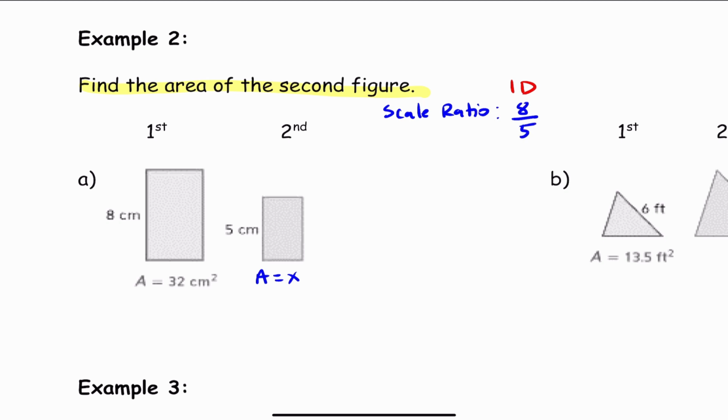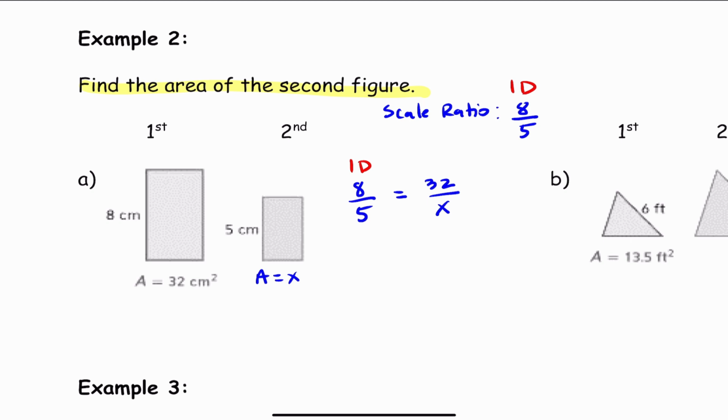And what am I comparing that to? Well, I'm comparing that to my two areas here. So I have 8 over 5 being my scale ratio. Let's put one-dimensional up top so we don't forget to convert, which is equal to 32 over x, okay?